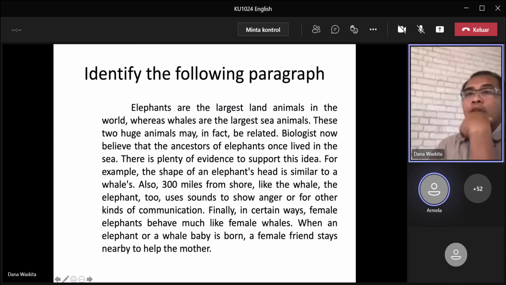Is that the topic or the topic sentence? Topic sentence. How are elephants related to the whales?